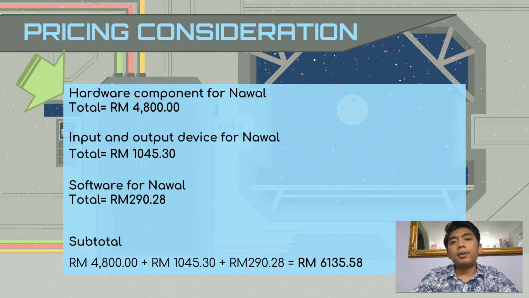And for the software for Nawal, the total is 290 ringgit Malaysia and 28 cent. And the total of all the above is 6,135 ringgit and 58 cents.